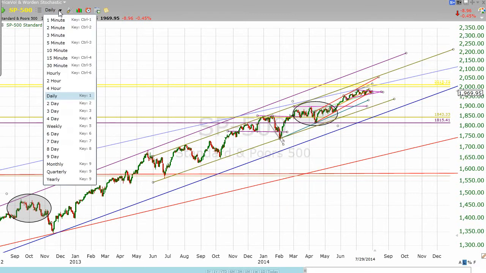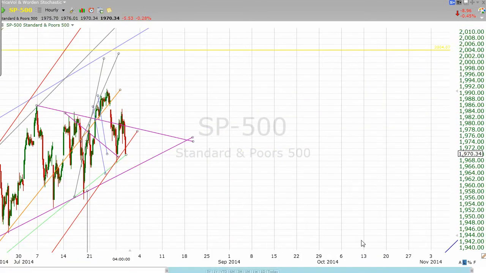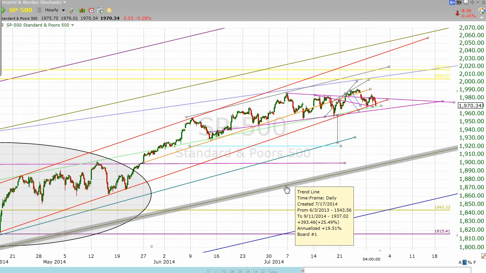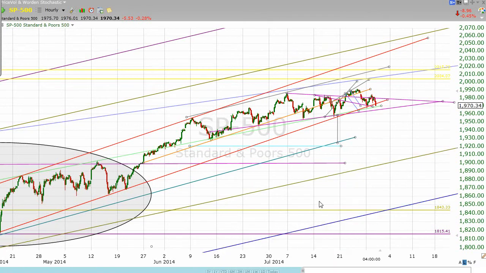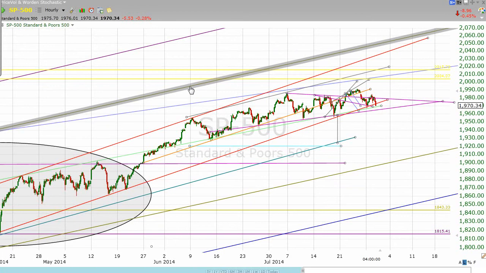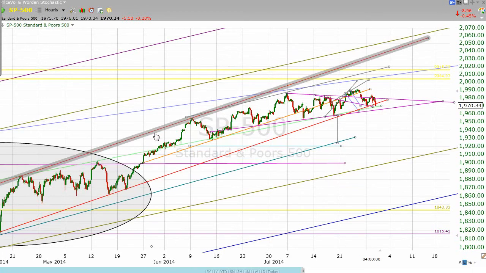Now, zooming in again, you'll see where the plot thickens. We've got another channel. Here's that support line, by the way, that I just pointed out. There's the blue line. There's that greenish olive color resistance line. Then we have our red channel that we just really started looking at in a serious way over the weekend.